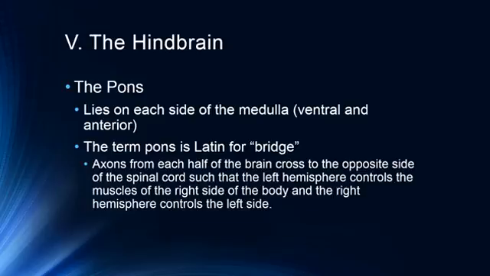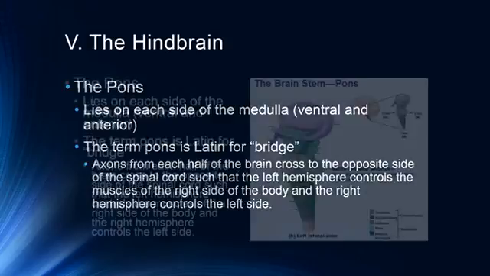So axons from each half of the brain cross to the opposite side of the spinal cord, such that the left hemisphere controls the muscles of the right side of the body, and the right hemisphere controls the left. Also, consistent with that, the sensory information from the right side of the body travels to the left hemisphere, and from the left side of the body to the right hemisphere. So the pons is where that information crosses over to the other cerebral hemisphere.